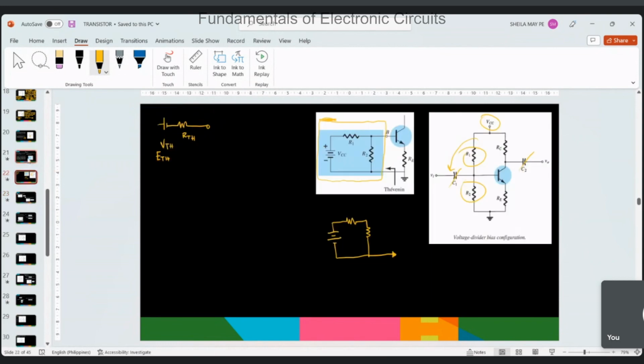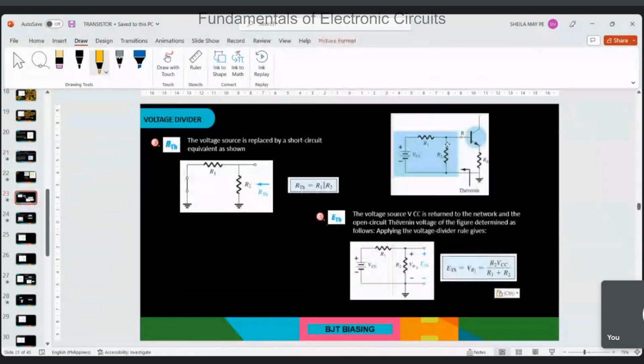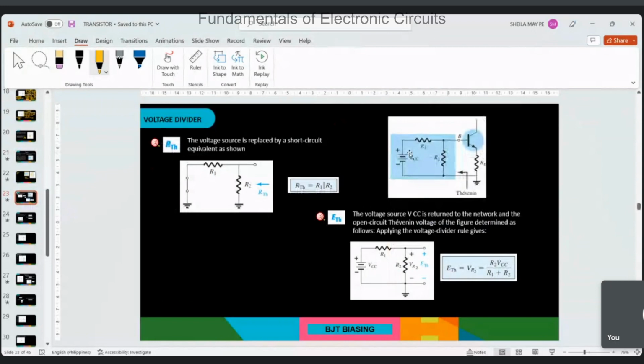This is our first transformation from voltage divider bias into a Thevenin circuit. To get RTH, we short-circuit VCC.